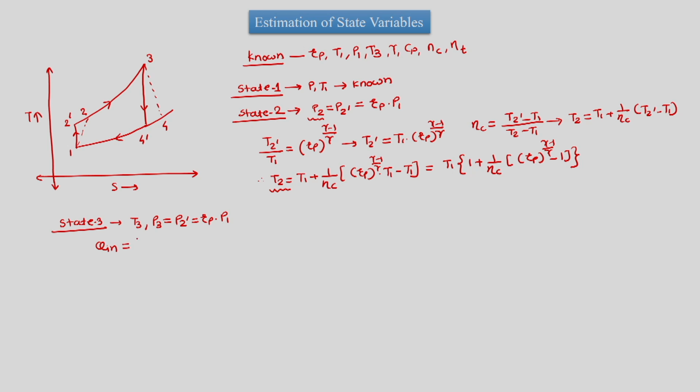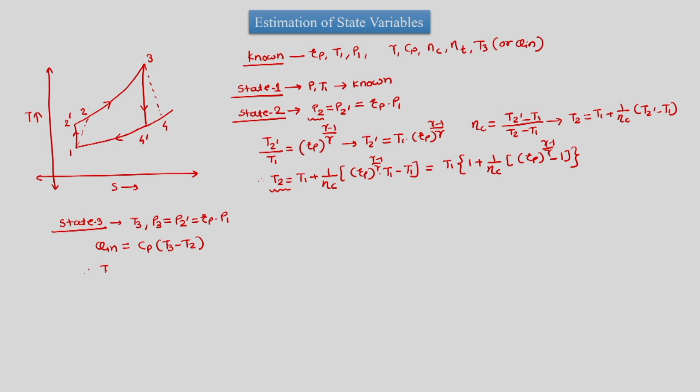then we would know either T3 or Q in. So if Q in is known to us, then Q in in kilojoule per kg is equal to Cp into T3 minus T2.